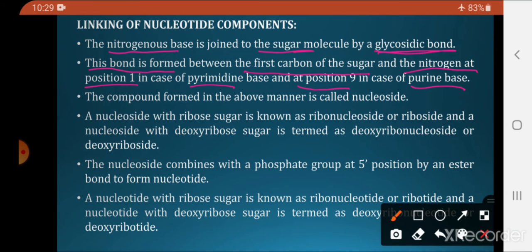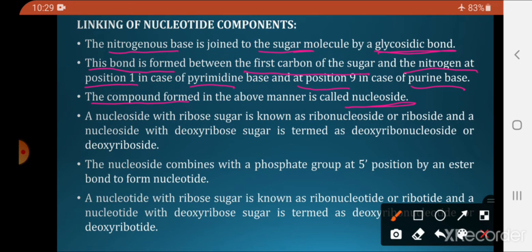Very important. Sugar का first carbon binding with the nitrogen at position 1 in case of the pyrimidine and nitrogen at the position 9 in case of the purine. The compound formed is called as the nucleoside. Okay, ये component क्या बना?